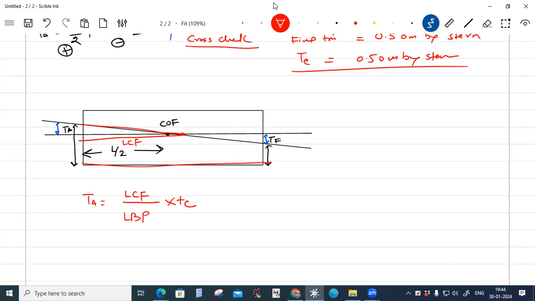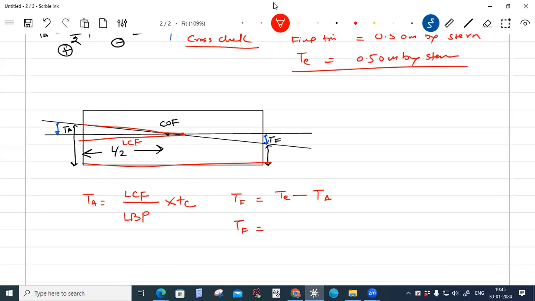Are you able to follow? Do you still need some derivation with this? No, sir. It's okay. And what is the trim forward? Trim forward is nothing but the total trim cost minus trim aft. There is another way of doing the trim forward.